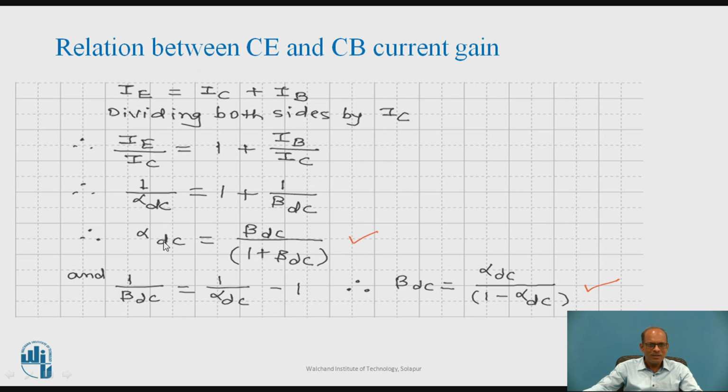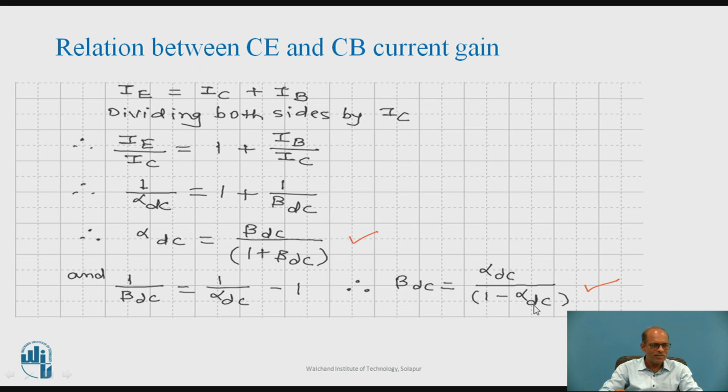After mathematical simplification we get alpha DC equal to beta DC upon 1 plus beta DC, and from this equation we can write 1 upon beta DC equal to 1 upon alpha DC minus 1, and therefore beta DC equal to alpha DC upon 1 minus alpha DC.